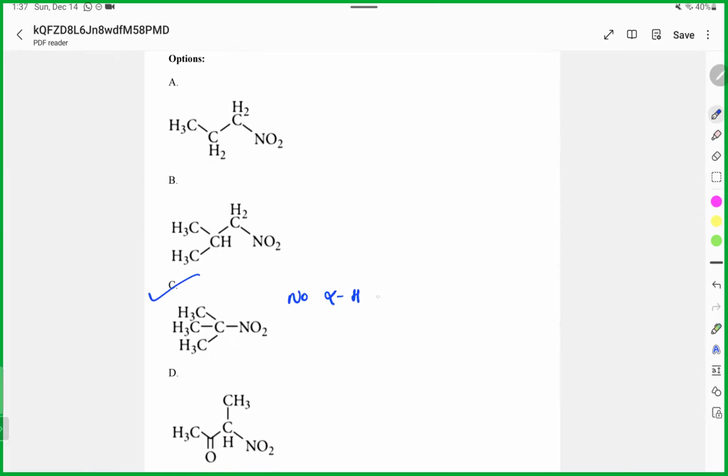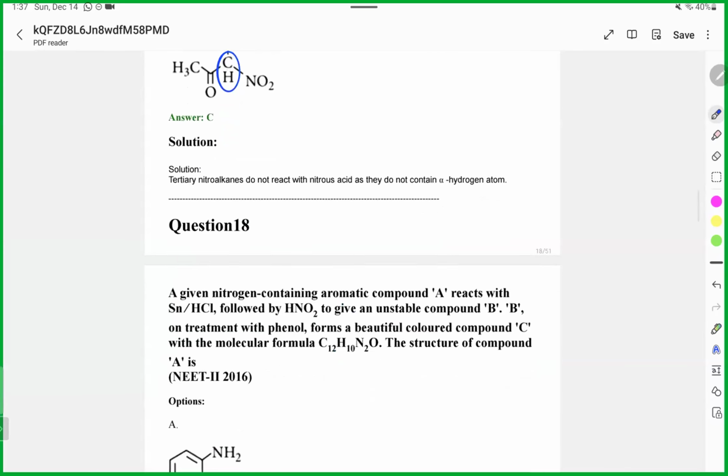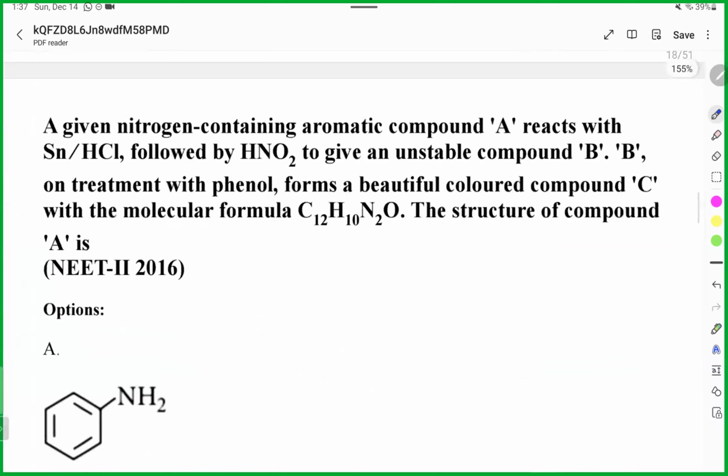No alpha hydrogen atom in this case. Correct? In any other situation, you have two, you have one. For the reaction, you need this. Now you have to get the product.